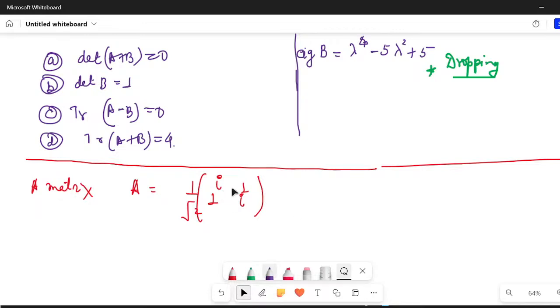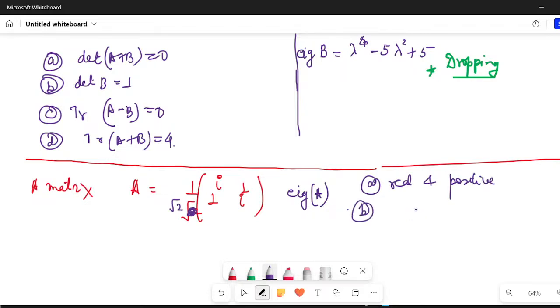Let us say this is your matrix, iota 1, 1 and iota, and in front it is written 1 upon root 2. Then the eigenvalues of A are: option number 1, real and positive. Option number B, purely imaginary with modulus 1. Option number C, complex with modulus 1.